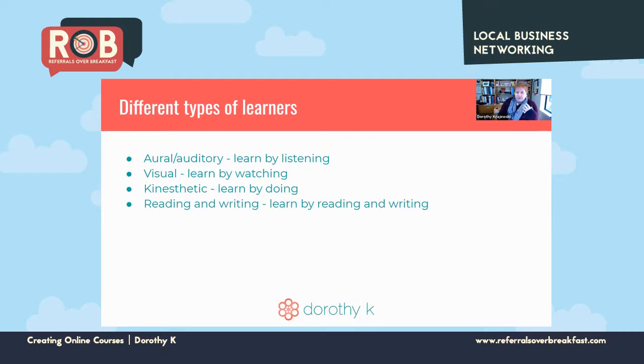I find for me, when I listen to anything, it goes in one ear and out the other. So for me, podcasts and audiobooks are great entertainment-wise. I love listening to them when I'm driving, but nothing sticks. So if I want to learn anything from a podcast or anything else, I need to be taking notes because I'm a kinesthetic learner, and we're going to get to that in a minute.